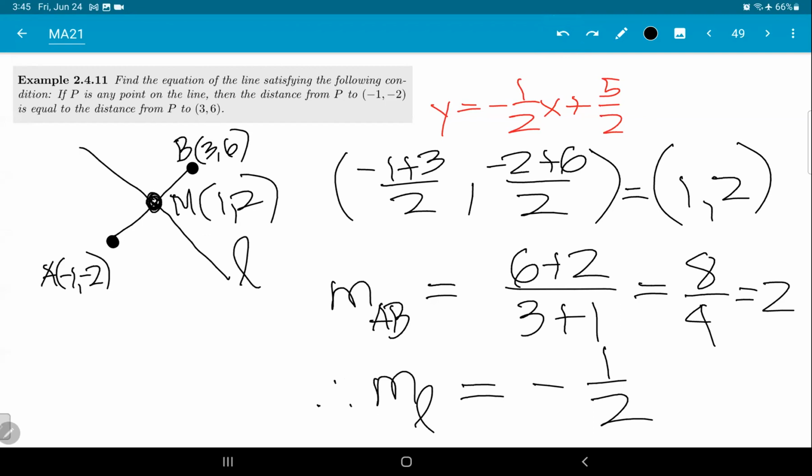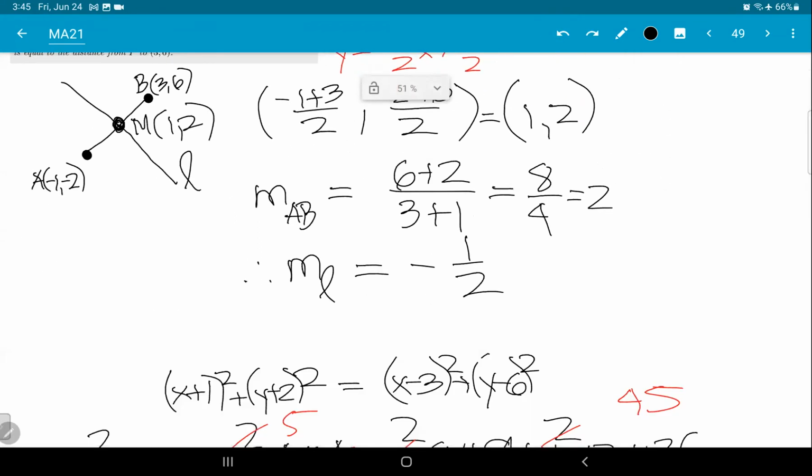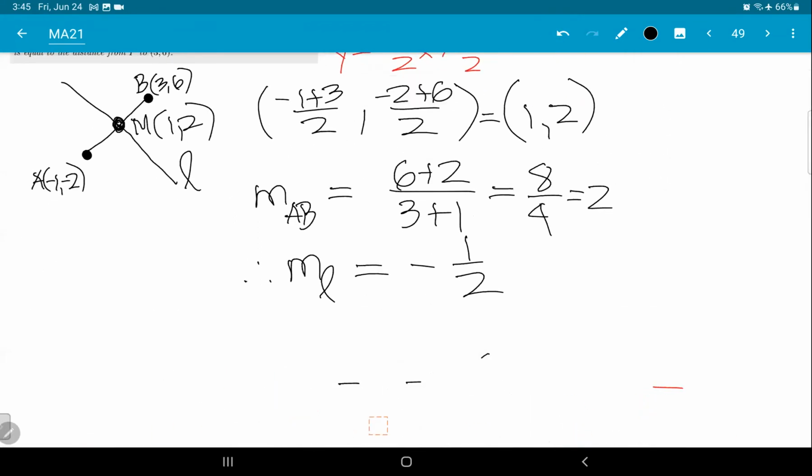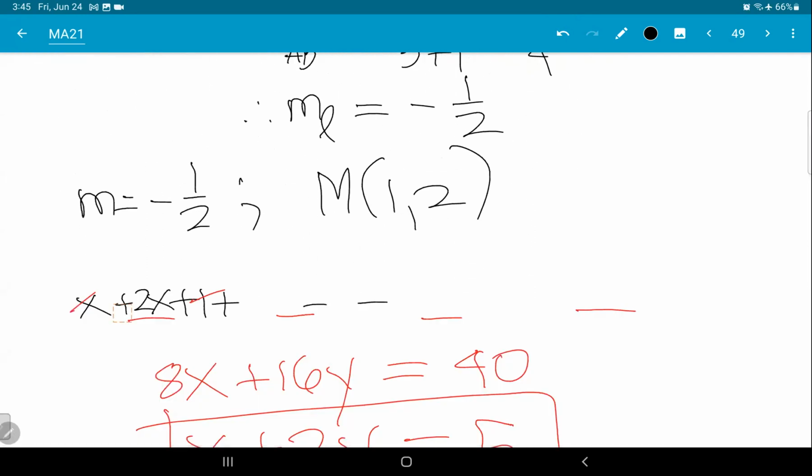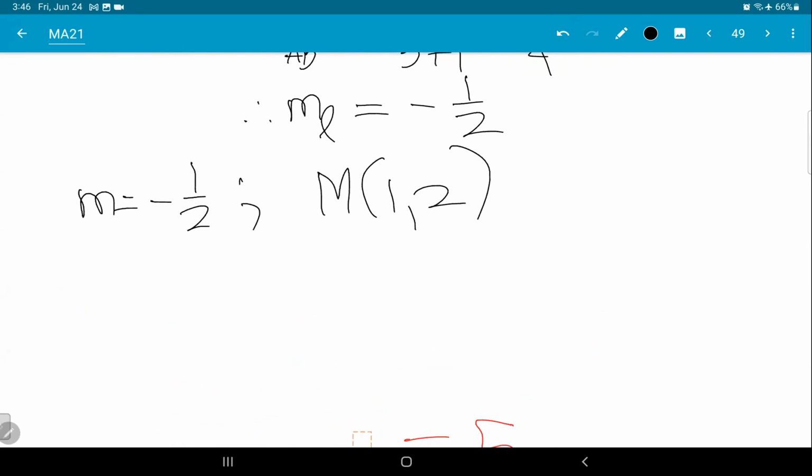And we proceed to the point slope form because we have a point on the line, point slope form. So we have a point and we have a slope. So yung x1, y1. Use the point slope formula, y minus y1 equals m times x minus x1.